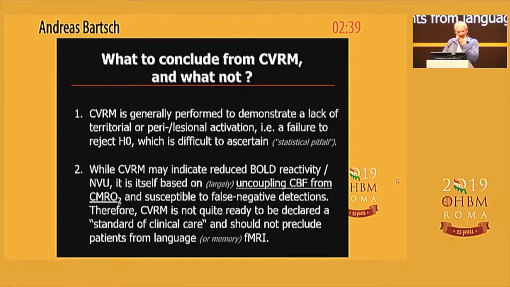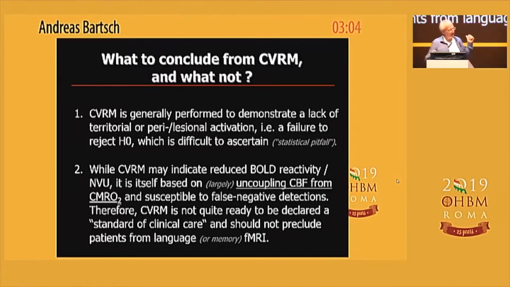Because when you're breathing carbogen, the metabolic rate of your brain does not change, at least not a lot. And it's susceptible to false negative detections. So CVRM, in my view, is not yet ready to be declared a standard of clinical care and should not preclude patients from language or memory fMRI, okay?